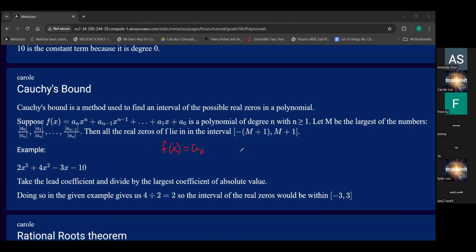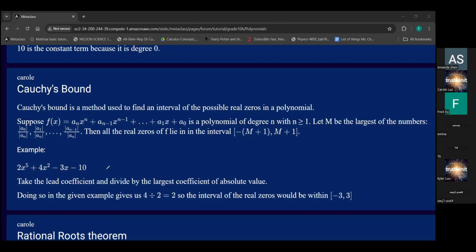Cauchy's bound does not apply if it's just a of 0. There has to be an a of 1 times x, plus a of 0. This is the minimum. So, in order for this to actually be clear, we have to use this example here. It's the same polynomial as before, 2 times x to the power of 5 plus 4x squared minus 3x minus 10.